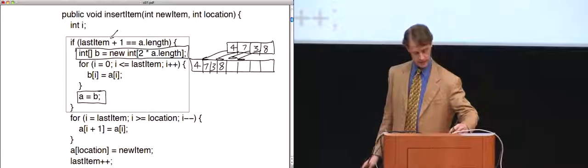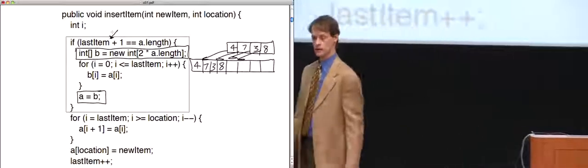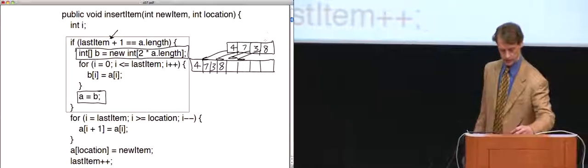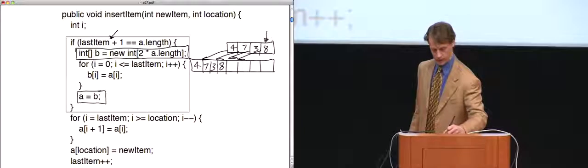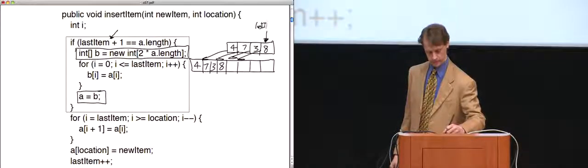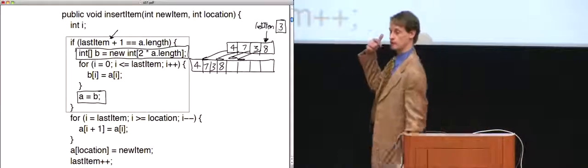So you're talking about this condition here? Well, let's look at this array right here. Just before I need to resize the array, last item is going to have a value of 3. Because this is an array of length 4.